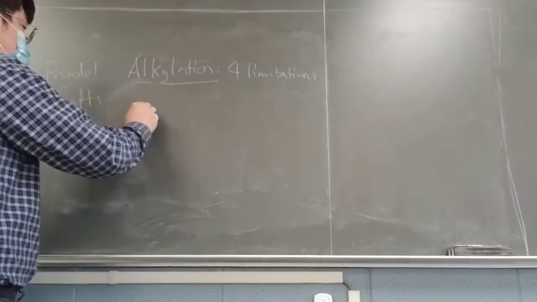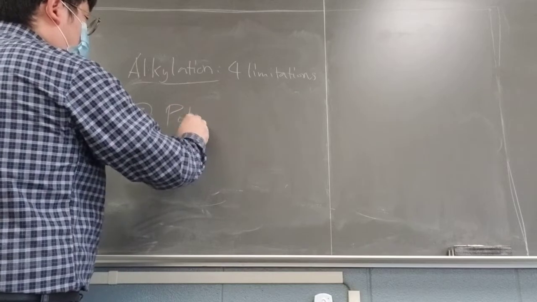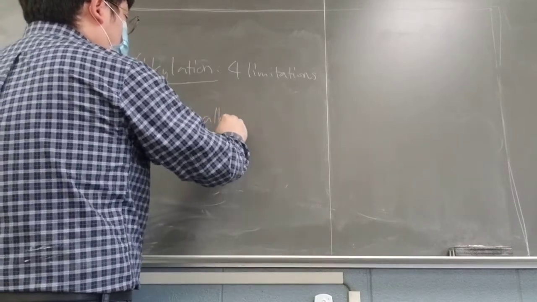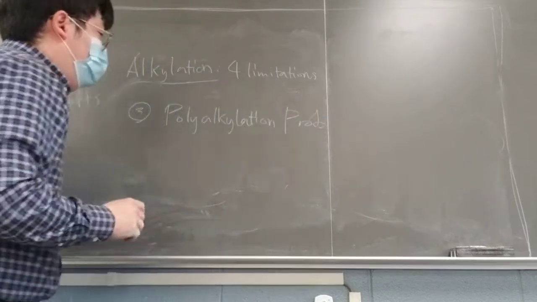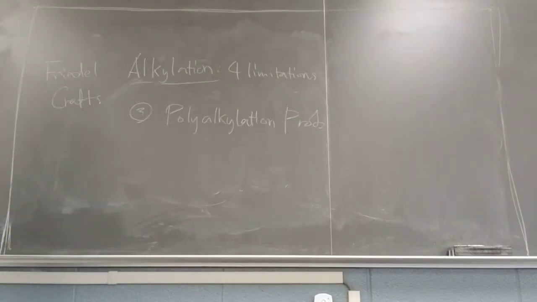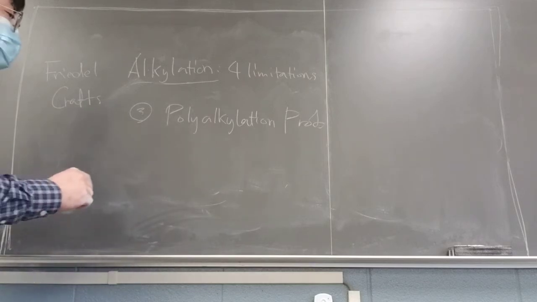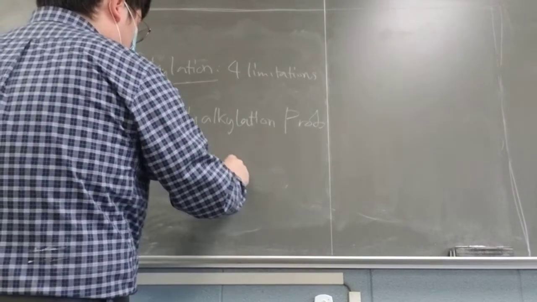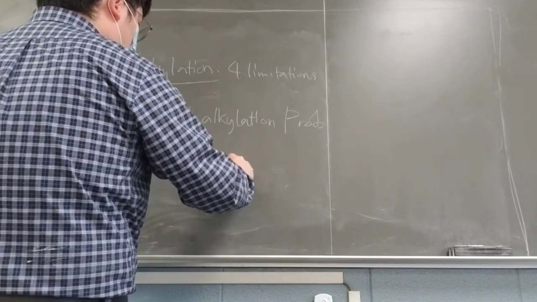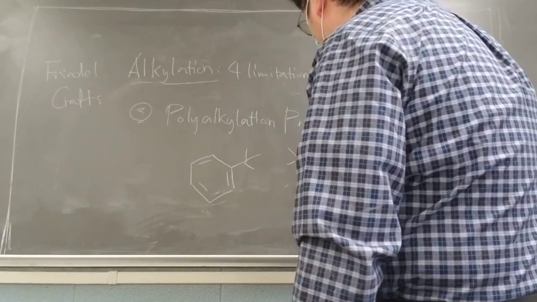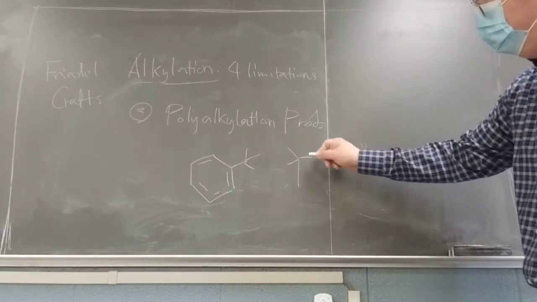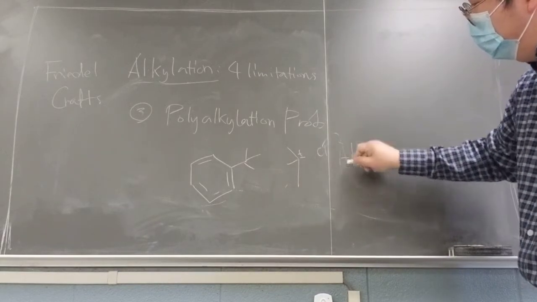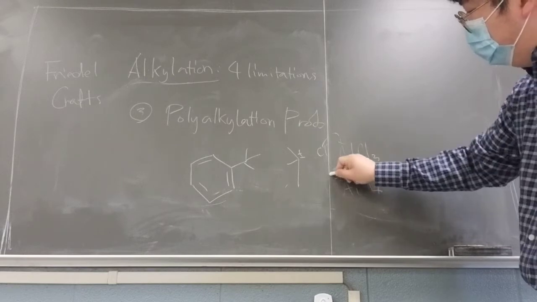So the third problem is the polyalkylation problem. That means it is hard to stop when it's done the single substitution. So whenever you try to do this, right? And then you have a tension here when it's breaking apart, negative charge.